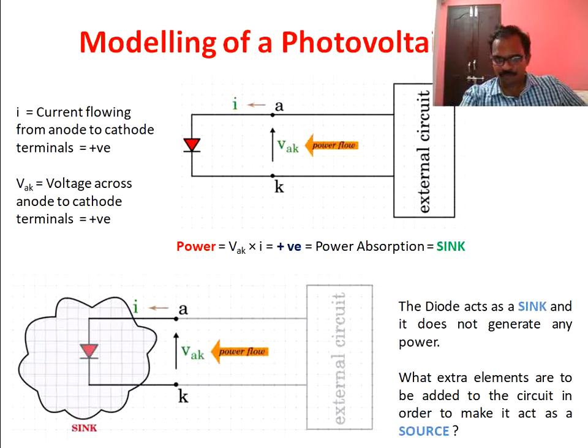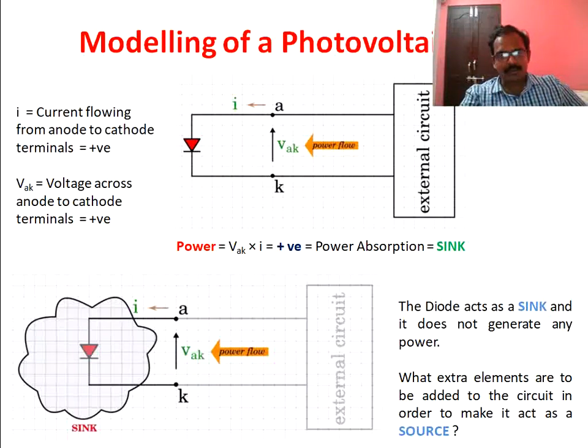So anode is positive and cathode K is negative, and current is flowing from anode to cathode. From the external circuit to the diode, the current is flowing. The diode is taking the current, so the direction of the current is from anode to cathode, that is from P side to N side.